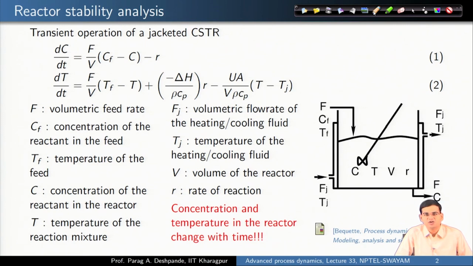So, we will see how the dynamics of the system behave in this particular case, when we can see that this particular set of equations are in fact nonlinear equations. When we plug in the rate expression in this particular equation, then we will see that the system is highly nonlinear, and then we will try to understand the dynamics, especially the dynamics around the steady state.